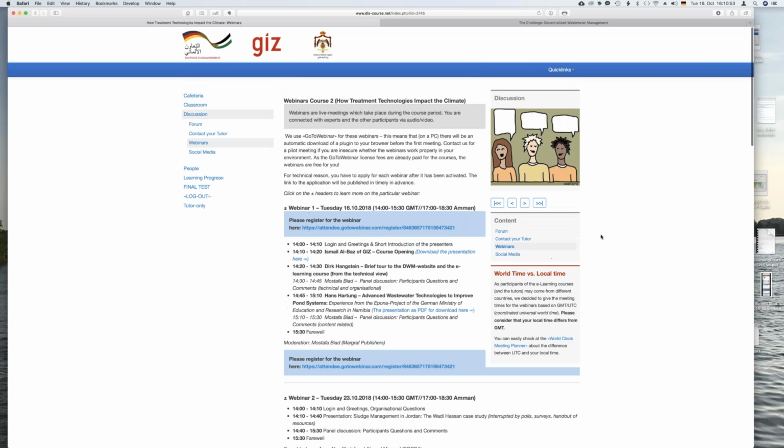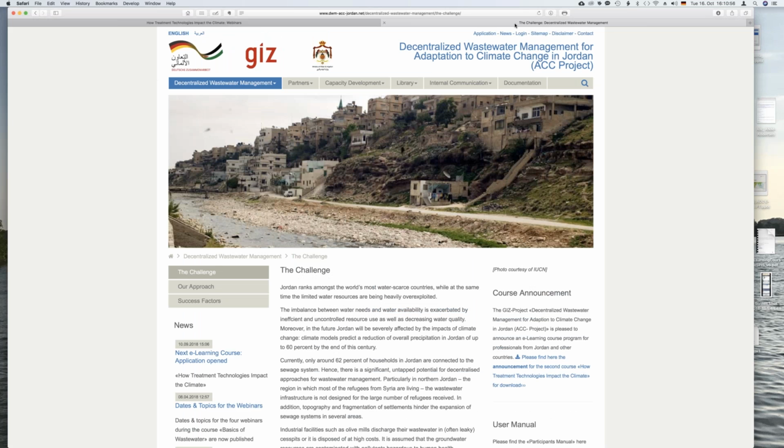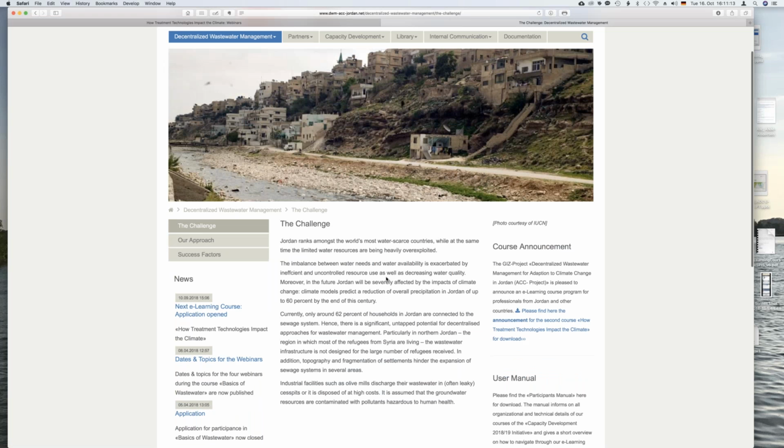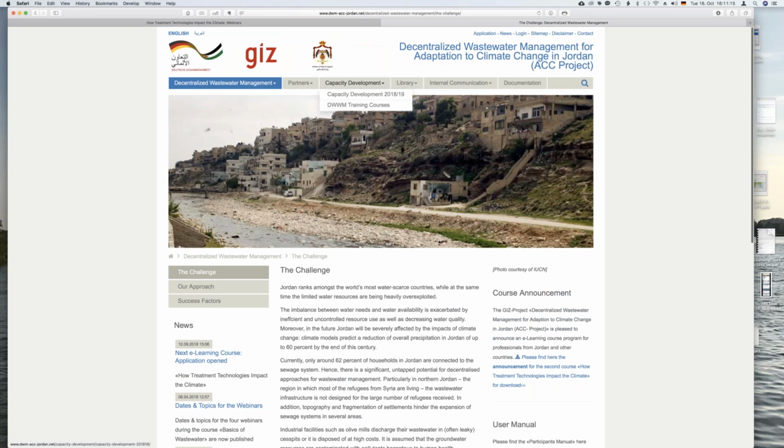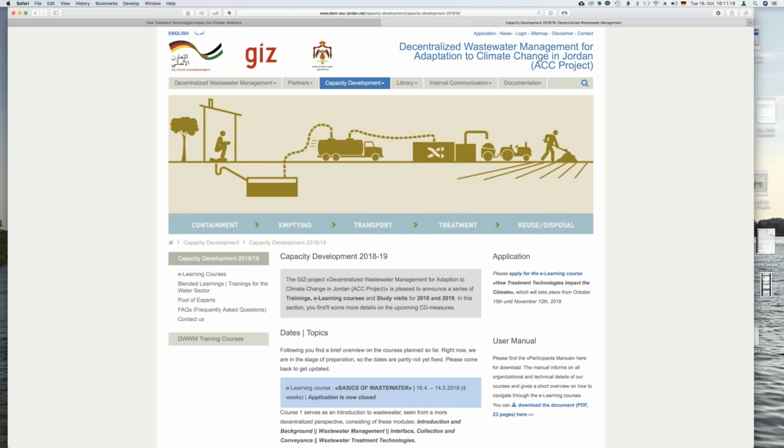The center of all activities, I hope you can see my screen, is the RCC project homepage of GIZ and the project itself. So if you go on there, you can see all the backgrounds of the program. You can also see the capacity development courses which are planned for now.